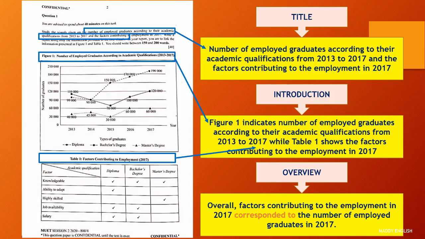The word corresponded to can also be replaced with other words such as correlated with. Or, if you could see a direct relationship between Figure 1 and Table 1, you may use words like affected, influenced, contributed.